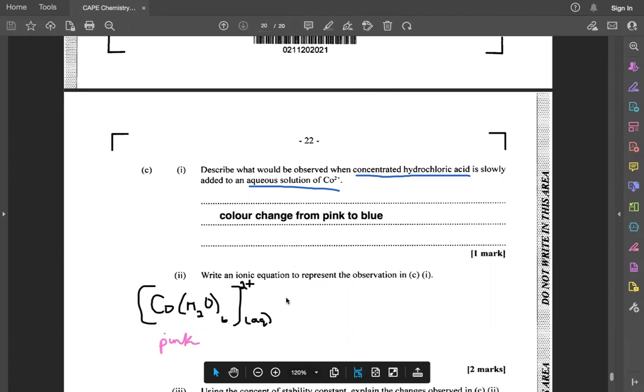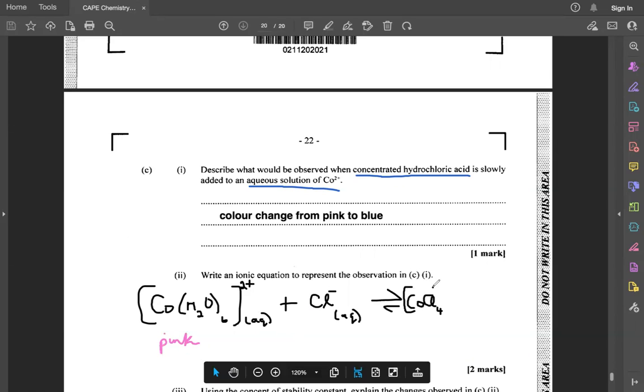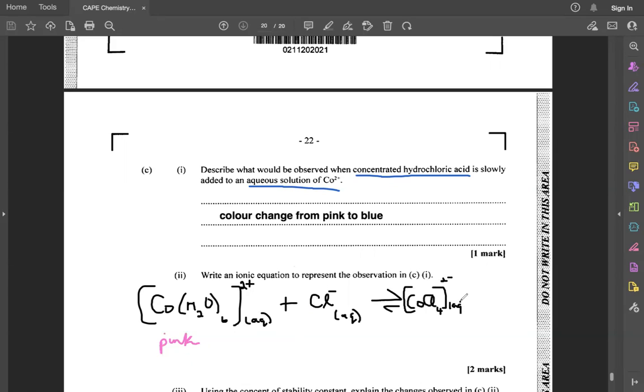And then now, once we're gradually adding our chloride ions from the hydrochloric acid, concentrated HCl, what we're going to find is that this ligand is going to exchange with the water ligand, right? And we're going to end up getting CoCl4 2- aqueous, right?